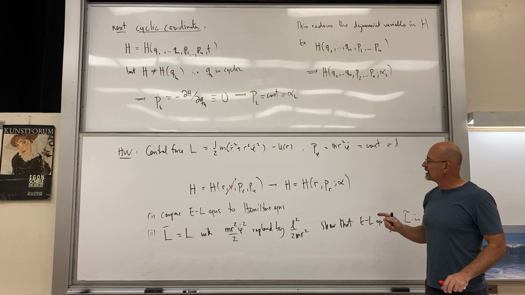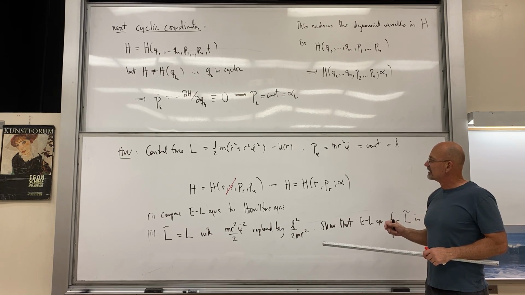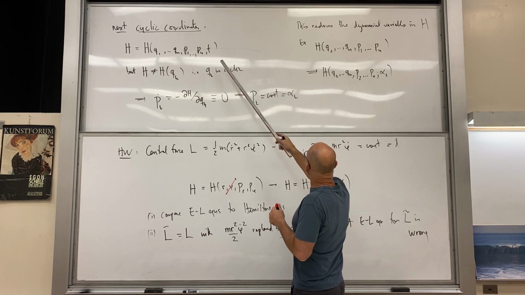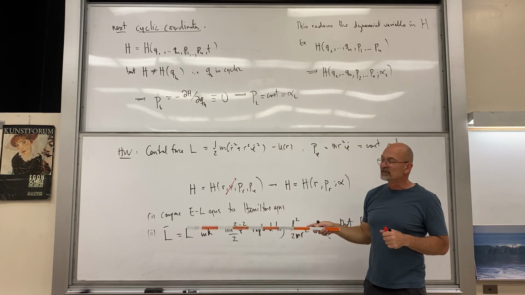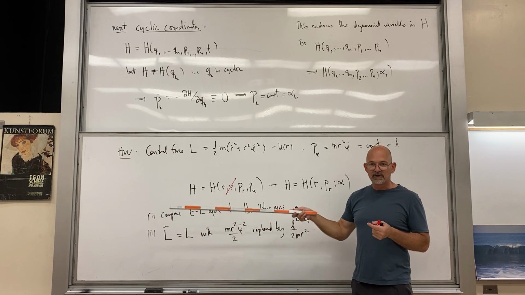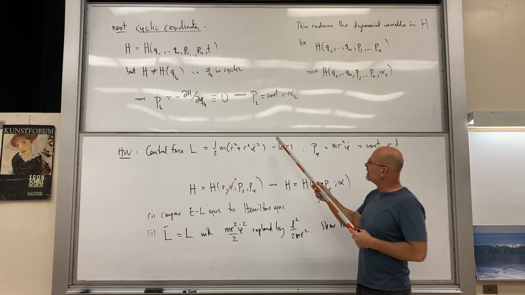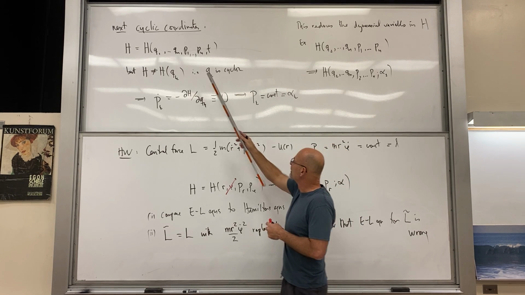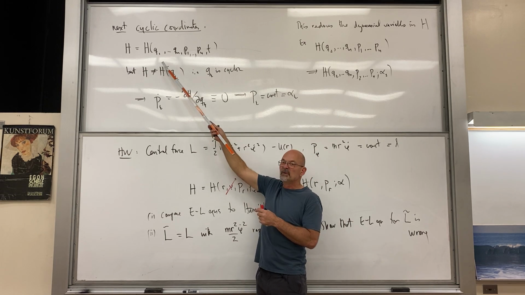And the reason is that in Hamiltonian mechanics, all of these q's and p's are independent dynamical variables, and the equation of motion came from a variational calculation that we did. In Lagrangian mechanics, the q dots are not independent of q.